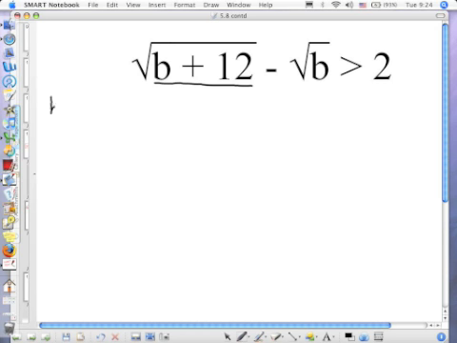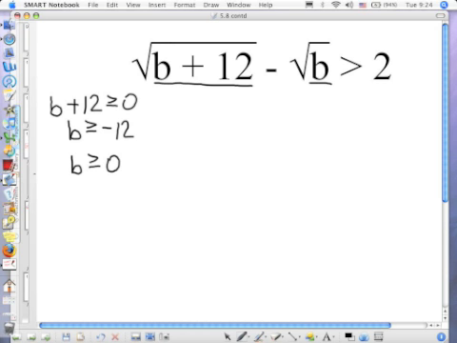So, I set it greater than or equal to 0 and figure out what b has to be. And I need to make sure that this is not negative. So I set that greater than or equal to 0, and there's no solving to be done.